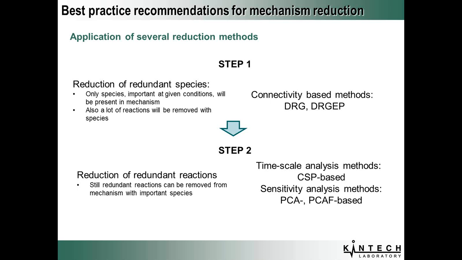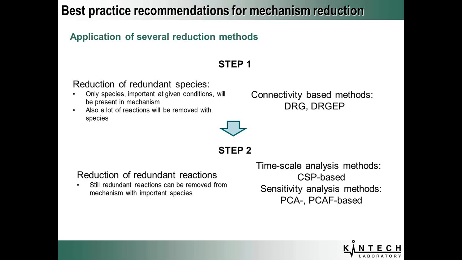Our experience shows that usually it is a good practice to start mechanism reduction from removal of the redundant species with methods which are based on connectivity analysis. For example, directed relation graph or directed relation graph with error propagation or rate of production analysis.